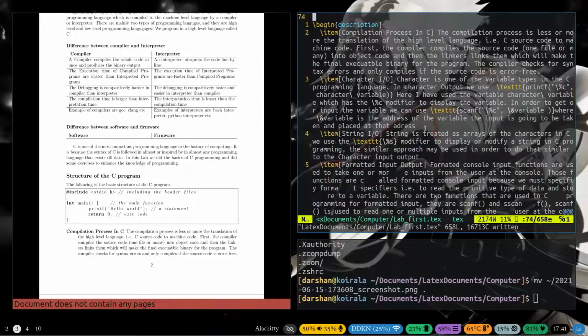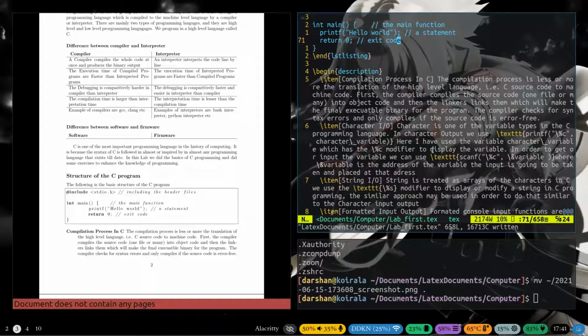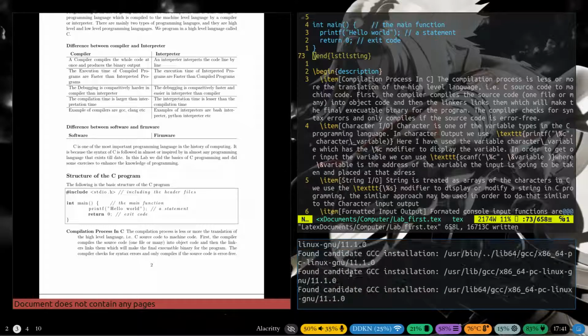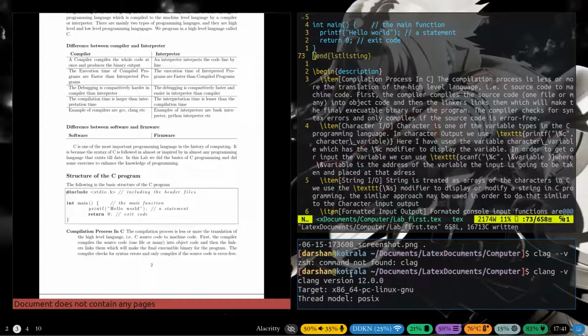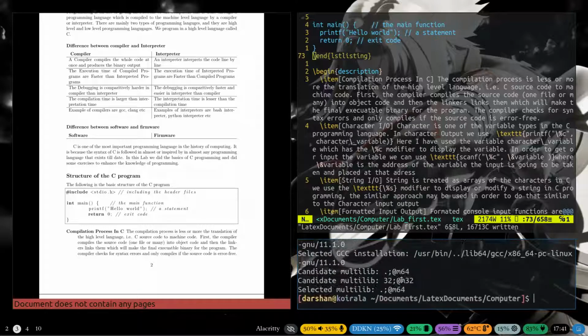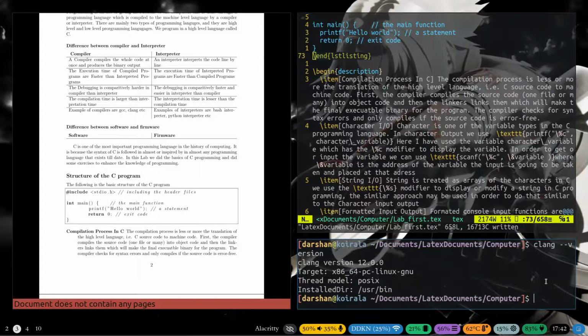GCC, Clang. What is the version of Clang? GNU Clang. Thread model Linux. Clang version, I'm asking for.